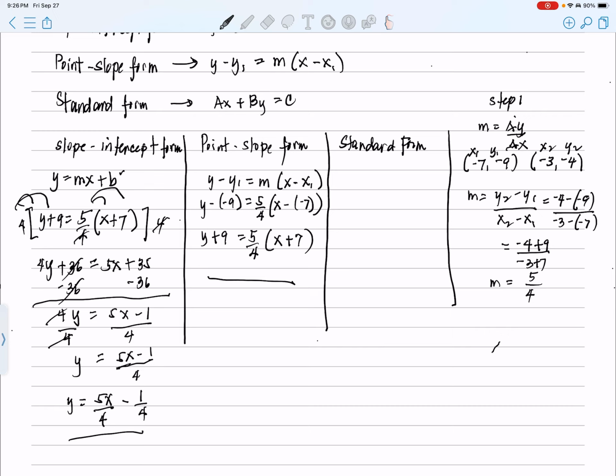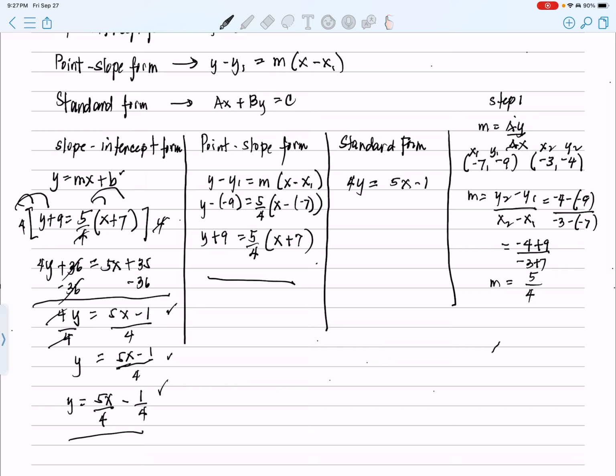Okay. In finding the standard form, I think I'm going to do this one here first. I'm going to use 4y equals 5x minus 1 from here.